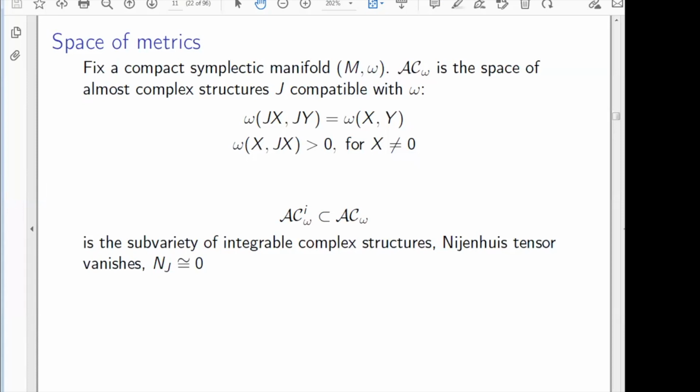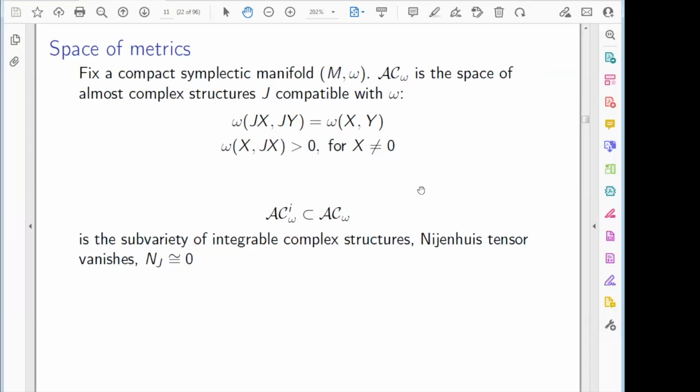So I'm going to move to the symplectic picture now. This is used less, but you can fix a symplectic form and then consider all the compatible almost complex structures.